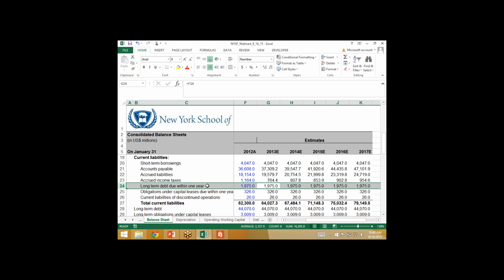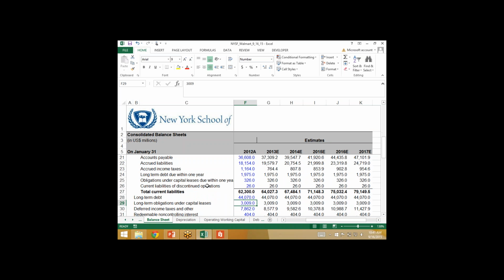the short-term and long-term. So in 2012, they had 326 in short-term, and they had, where's the long-term? 3009 in long-term. And in 2011, they had 336 in short-term and 3150 in long-term.